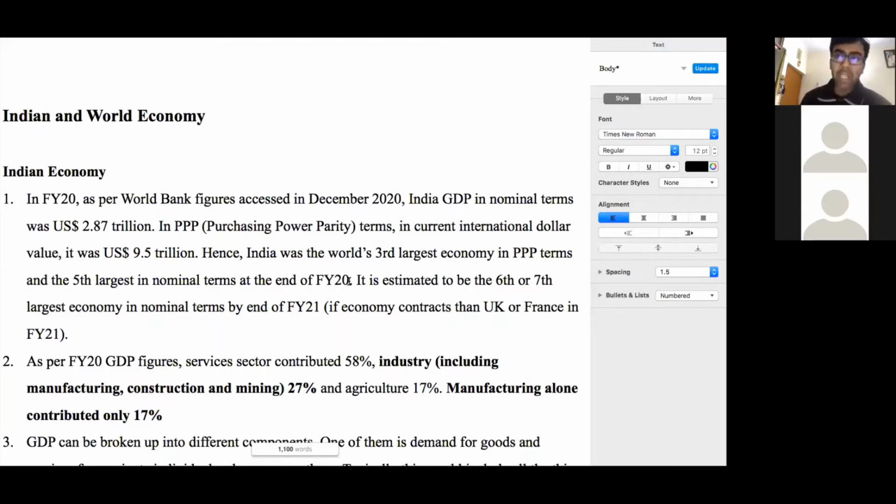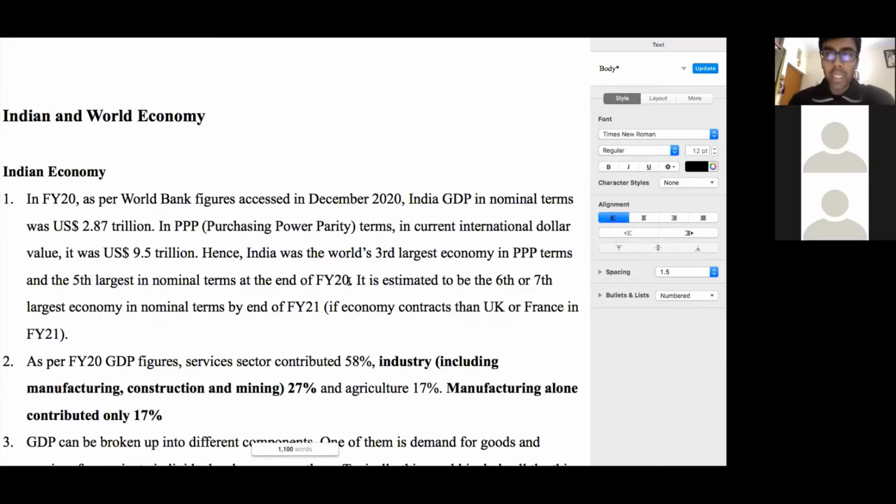It might still be that because UK and France are still facing major outbreaks of COVID-19, currently, it might be that India will remain 5th largest in terms of nominal. But in terms of PPP, there is absolutely no doubt. In terms of purchasing power parity, India will remain the 3rd largest economy.